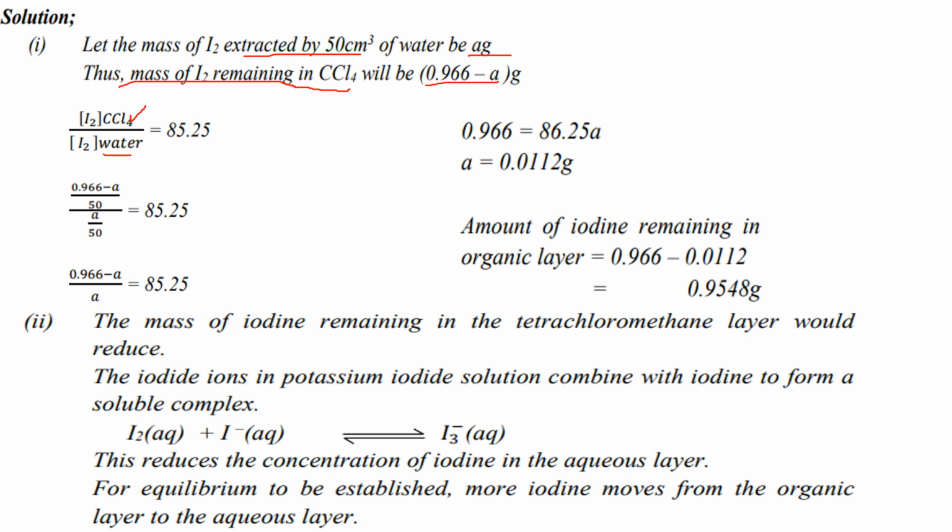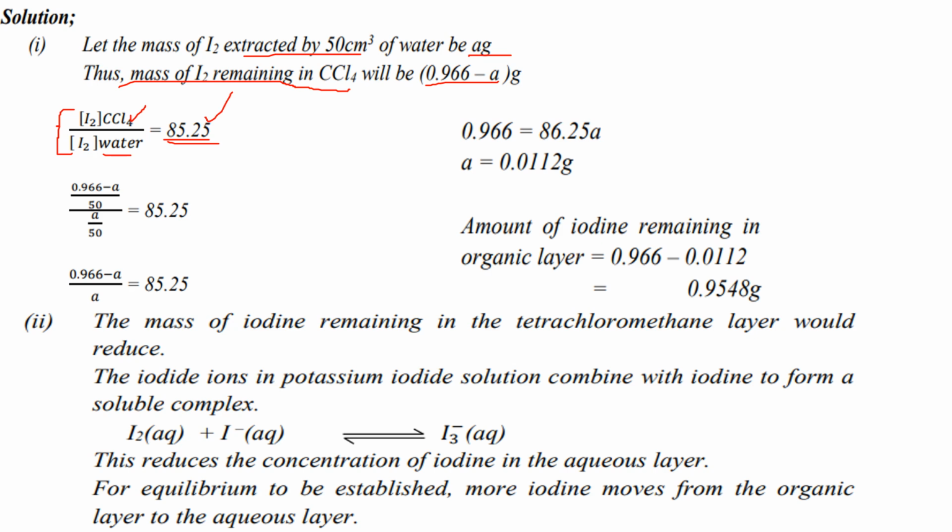So KD, or partition coefficient, is given by molar concentration of iodine as dissolved in carbon tetrachloride divided by molar concentration of iodine as dissolved in water is equal to 85.25. Now I told you that this arrangement is always stated in the bracket when they are giving you this constant.